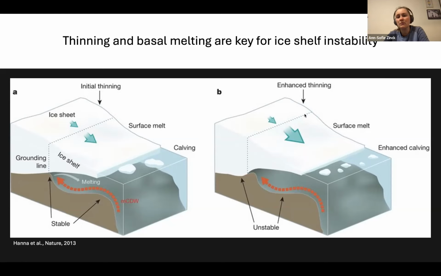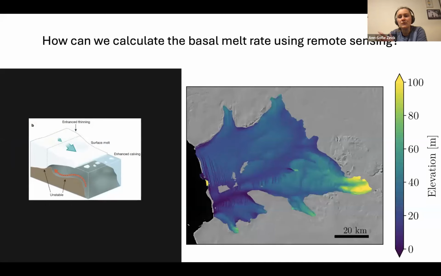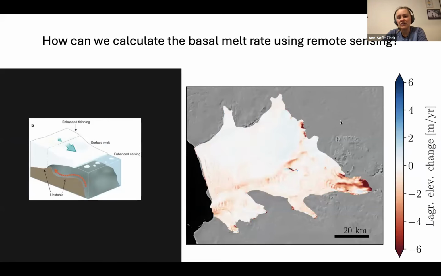Therefore, it's very important that we monitor a parameter such as the basal melt rate of the ice shelves. But how can we calculate the basal melt rate using remote sensing? From remote sensing, we can get high resolution surface elevations of the ice shelves. And if we have surface elevations from different steps in time, we can generate elevation change maps.